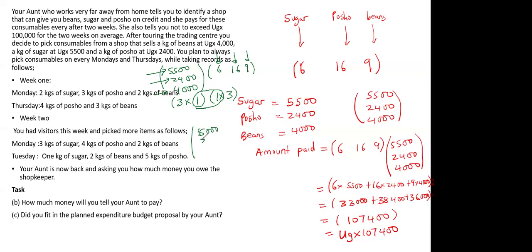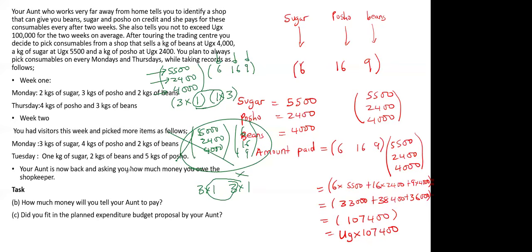If she had written it like this, it would be wrong, even if she gets the right answer. Now this is what your teacher was telling you. Because here the order is 3 by 1, and here the order is 3 by 1. So these ones are not compatible, so you cannot multiply them. All right.